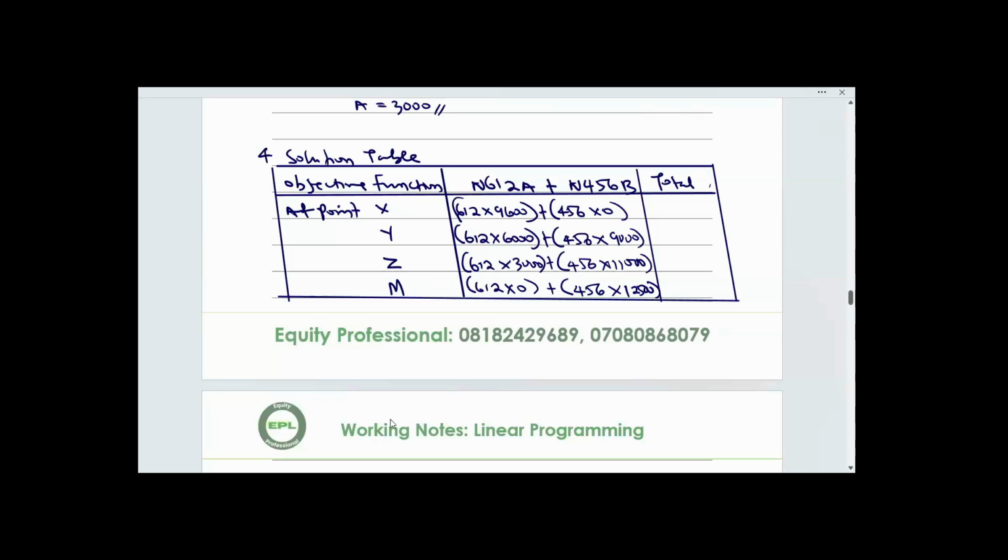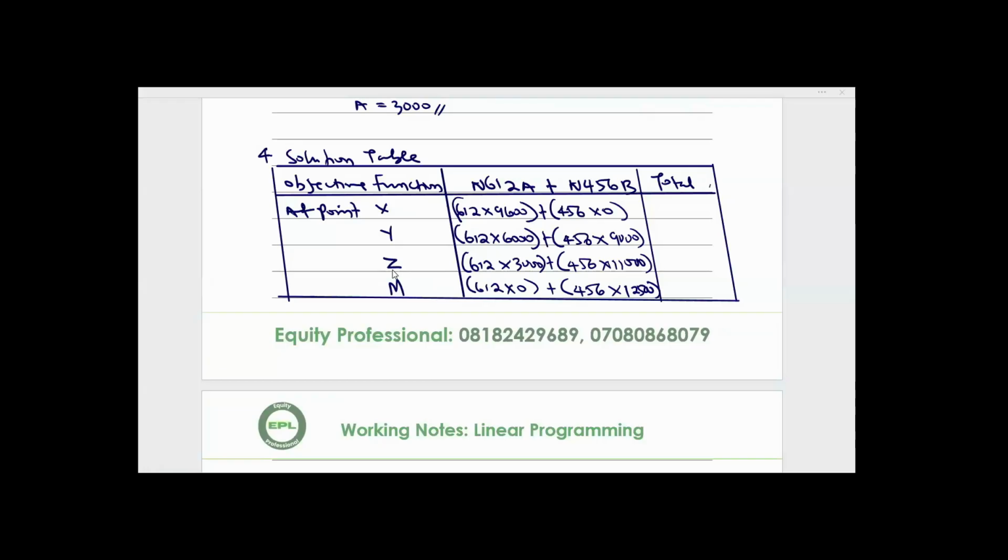That is X is 5,875,200 total answer. So you open a bracket in your calculator, 612 multiplied by 96. Close the bracket.